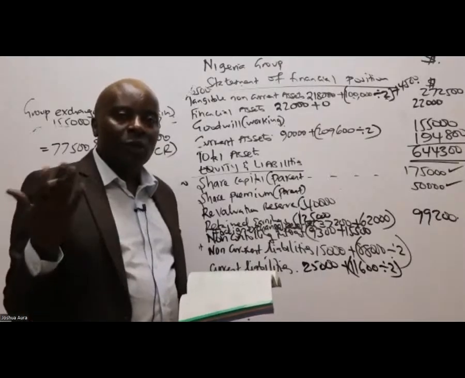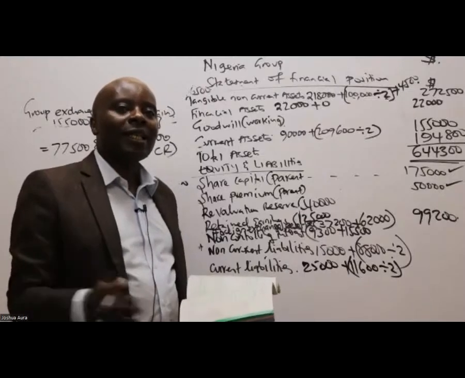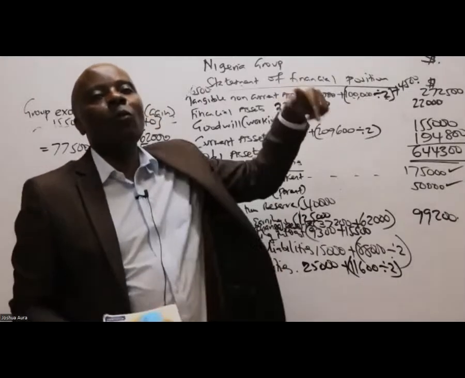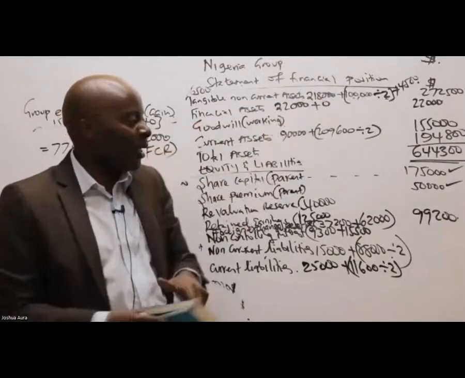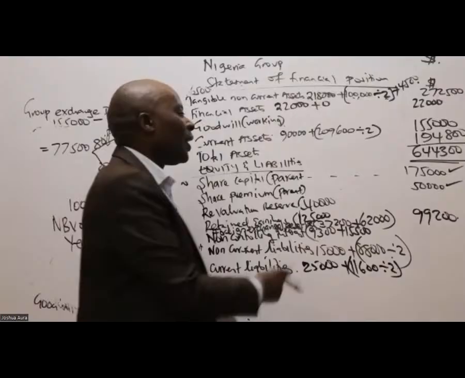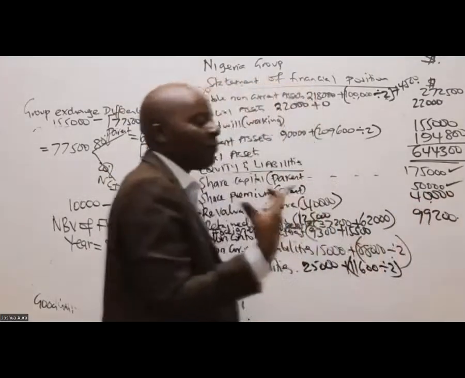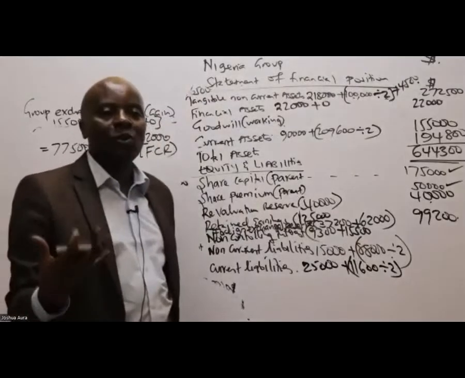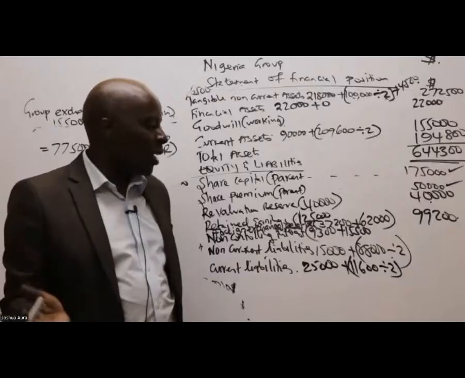The only revaluation that we had was in the subsidiary's assets, and that has already been incorporated in the net assets of the subsidiary and shared out equitably. So the revaluation reserve is not going to change at all, because nowhere have they told us that the revaluation of the parent was affected. Nowhere in those notes.